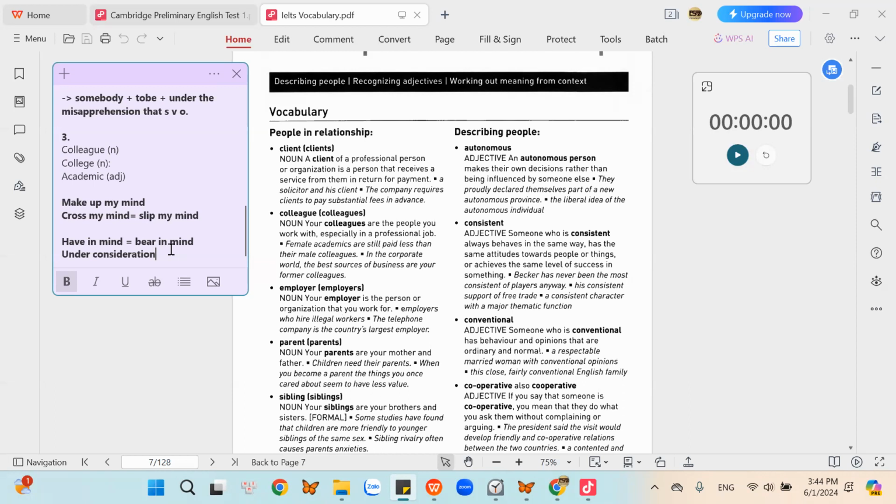My college and I attend the same college, where we studied academic subjects together, and we would often discuss our future plans, and we were trying to make up our minds about what to do after graduation.